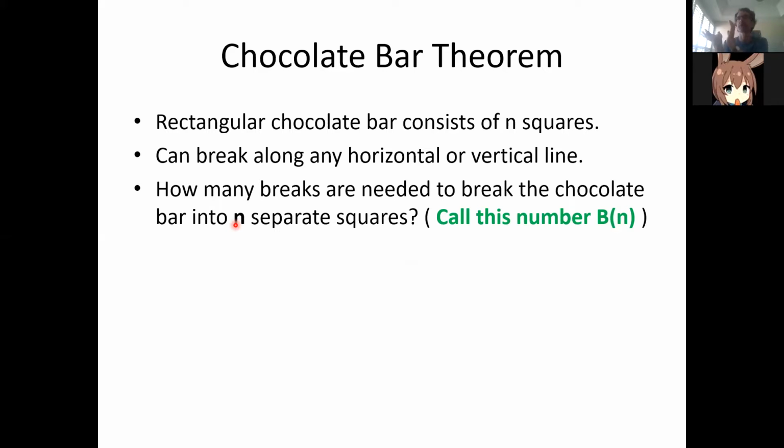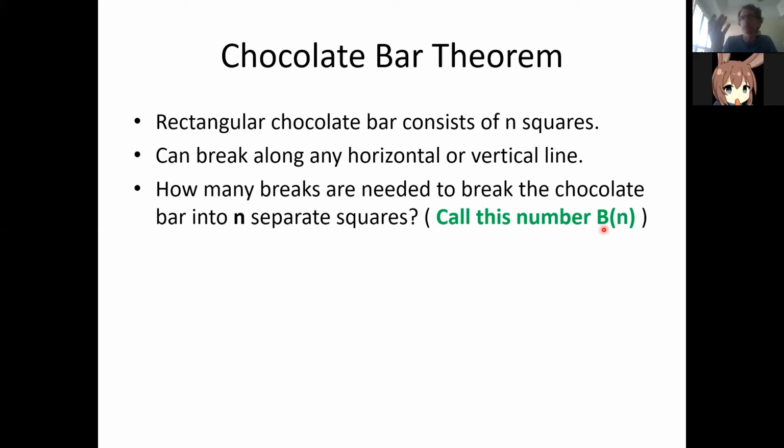So perhaps it's square root of n times square root of n, or perhaps it's 2 square root of n by square root of n over 2. But it's only the area that you know. I'm going to call the number of breaks that are needed b of n.